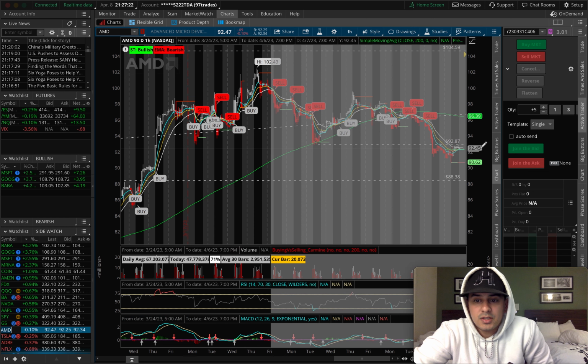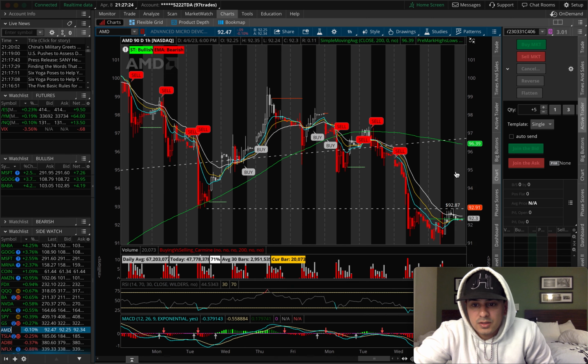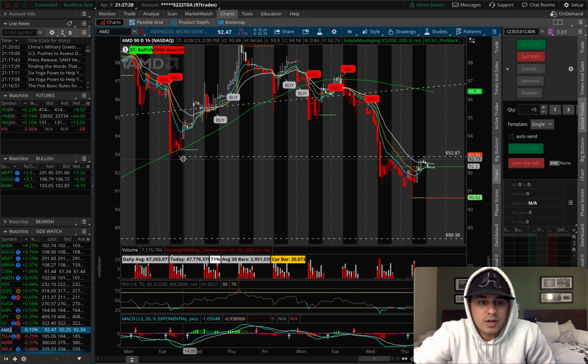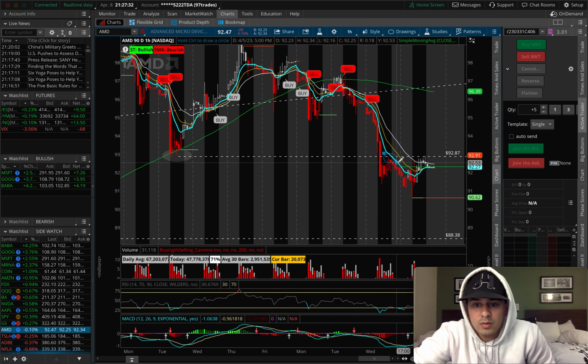You can see right here, this 92.87 range. We rejected this here, and then we broke below, and then we retested it here, pulled back down, made a new low, came back up, retested it again right here.